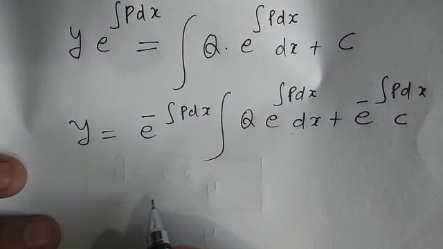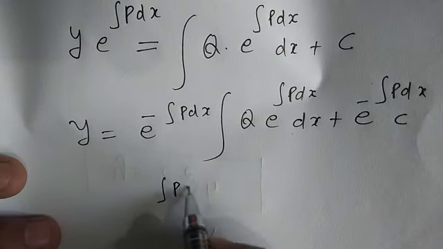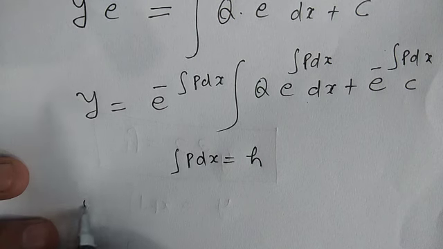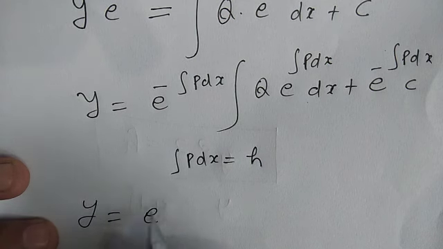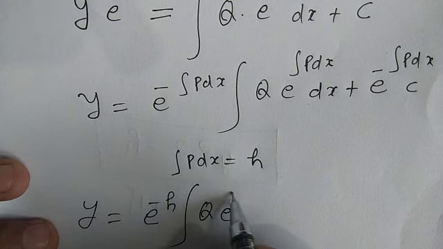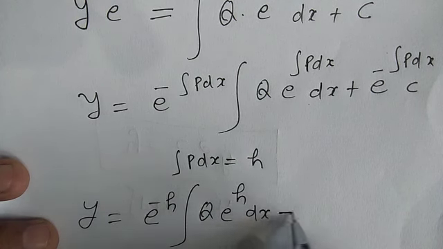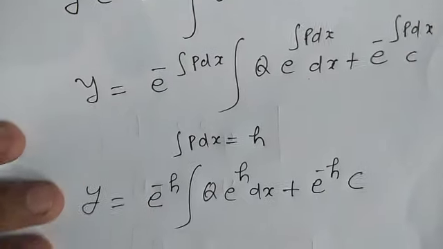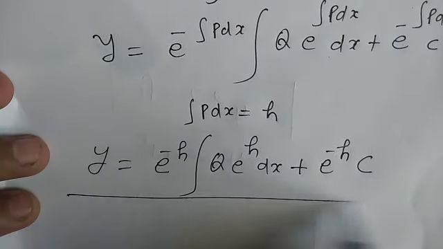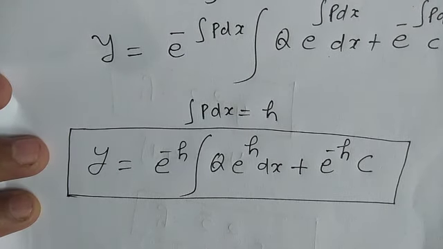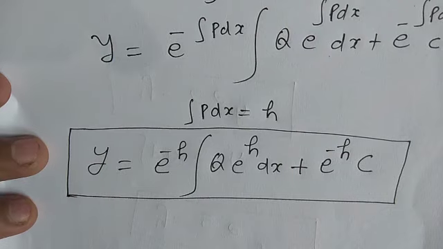And if integral p dx equals h, we can write the solution y equals e power minus h integral q e power h dx plus c e power minus h. So this is the solution of the non-homogeneous linear first order ODE.